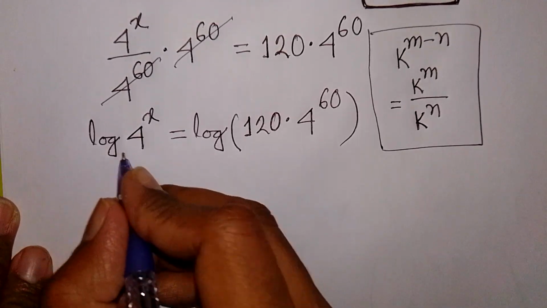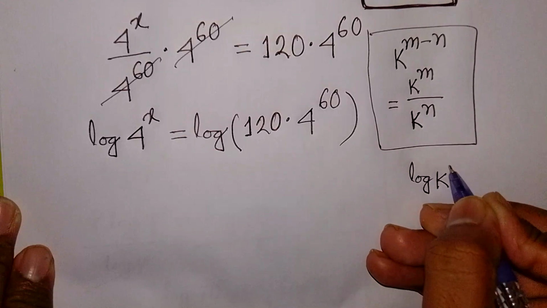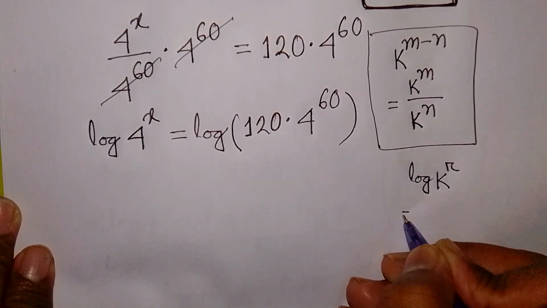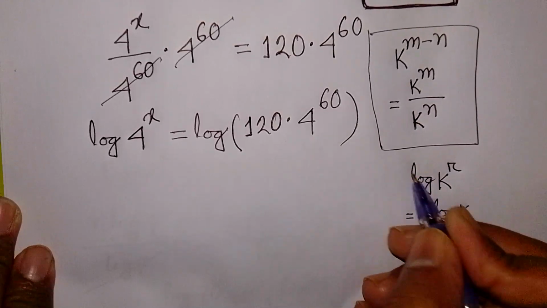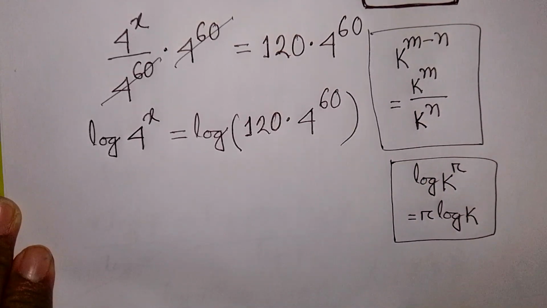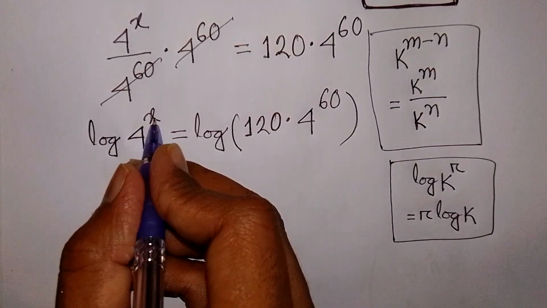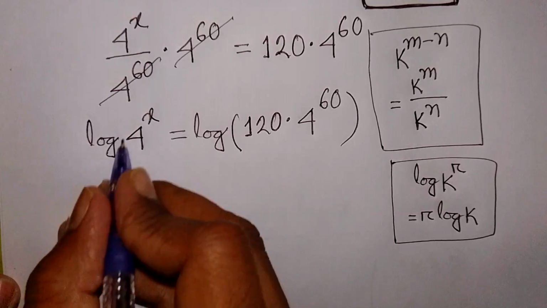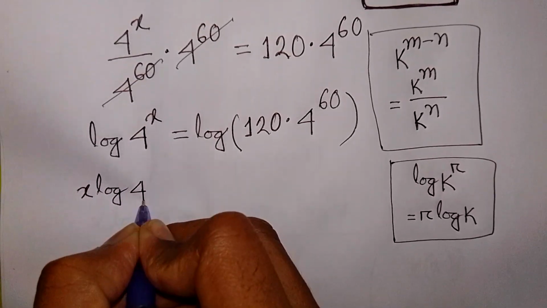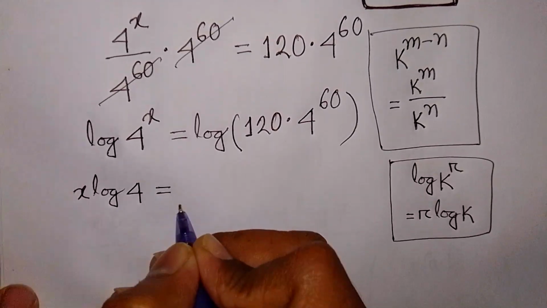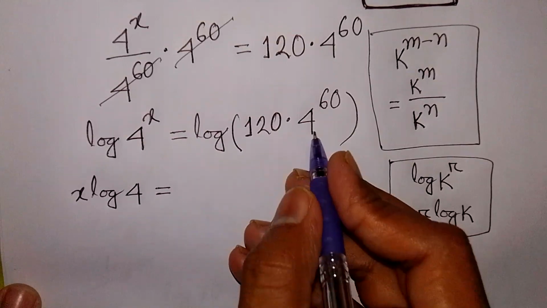Next step, here we apply the rule that log k power r is equal to r log k. So this power x will move to the front, so it will be x log 4 is equal to log of 120 times 4 power 60.